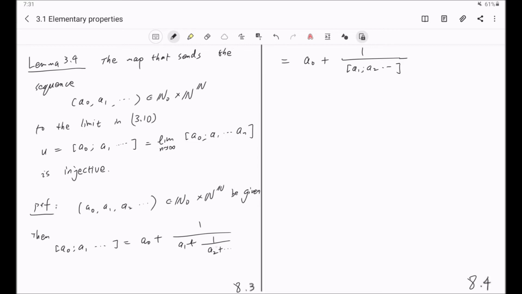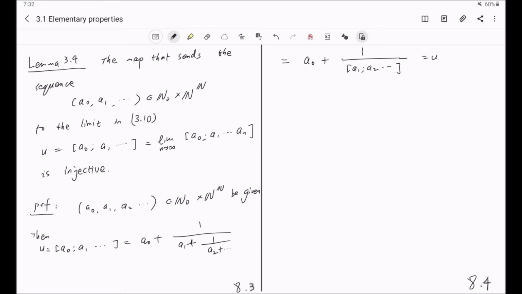The only thing you need to do is to take the formula in the finite case and let n go to infinity, and you get this equality for the infinite case. Note that this is u.